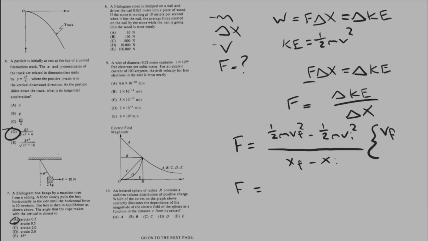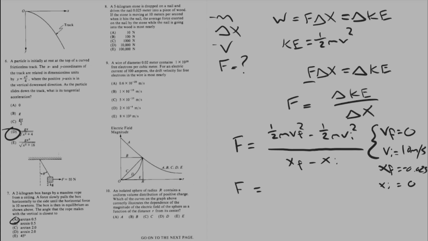The final velocity is going to be 0 because the brick or the stone is falling and then stopping. The initial velocity is that 10 meters per second. The x final is minus 0.25 because it starts at 0 and gets depressed by that much. So that's how you want to think of that.